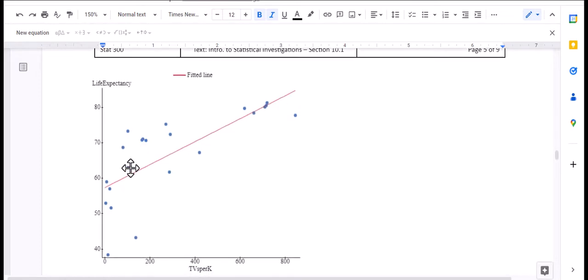And then what about its direction? It's positive, right? As the TVs per thousand are increasing, so is the life expectancy. And it's pretty strong because it is clear to see that as the number of TVs in the household increases, the life expectancy is increasing. So that's a strong association in terms of being positive.